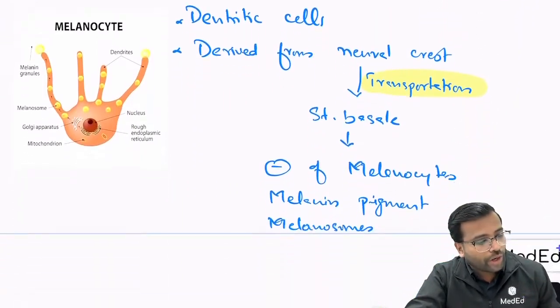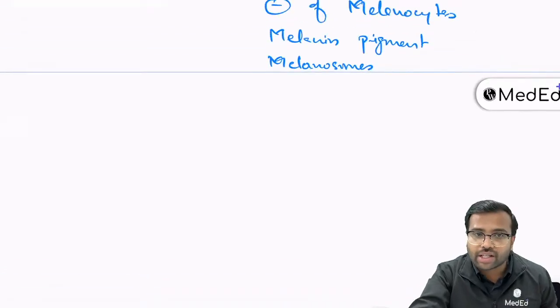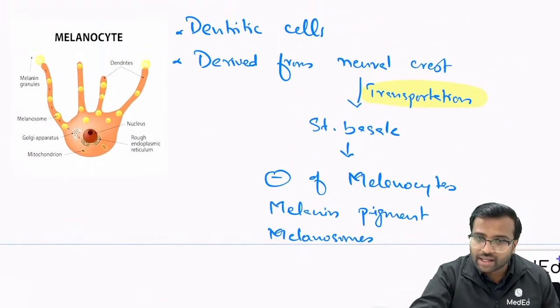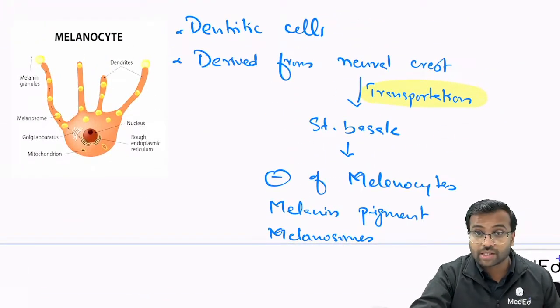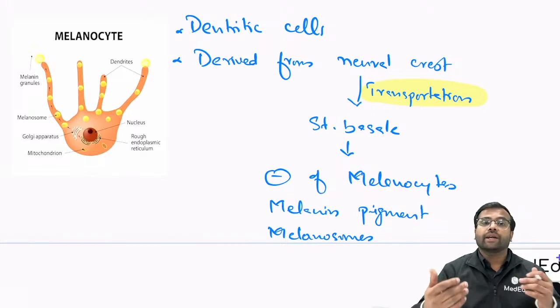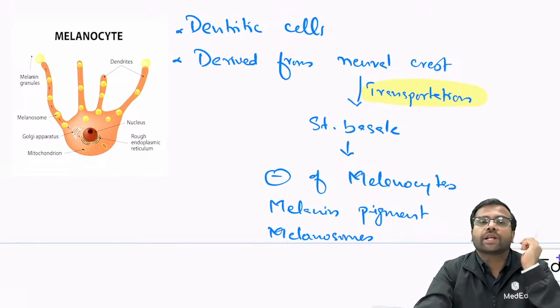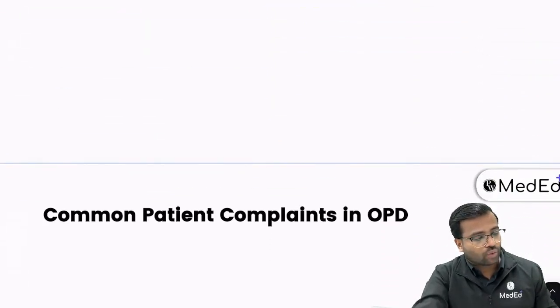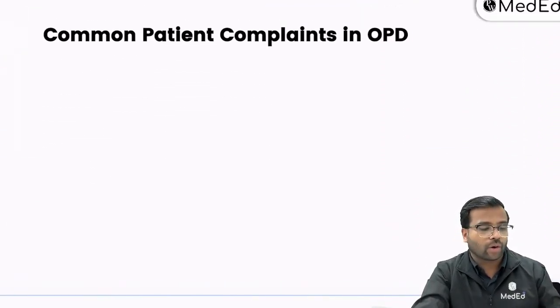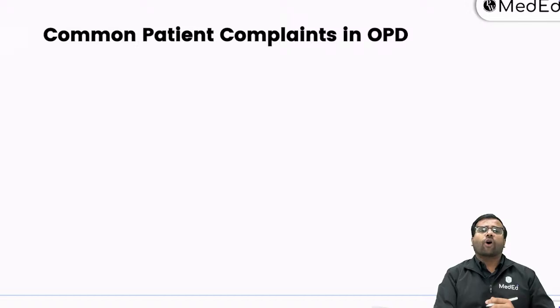So once we go into detail, we just now discussed what a melanocyte is. These are dendritic cells which are implicated in various disorders, isn't it? Now, how will a patient come to you with pigmentary disorders is what we are going to discuss now. What are the common complaints here?